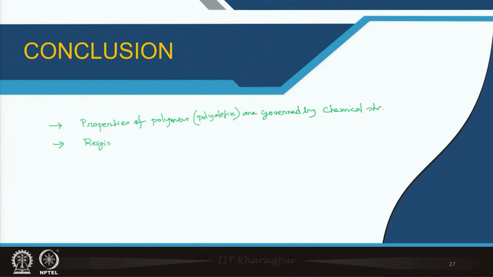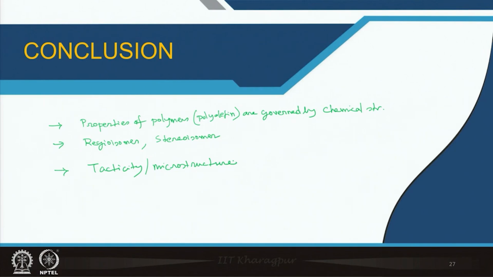So, we discussed the regioisomers, we discussed the stereoisomers or stereoregularity, and we discussed the tacticity, that is basically coming from the stereoregularity or stereoisomers of the polymers, where the monomer is prochiral in nature, and we tried to understand the microstructure present or possible in the polyolefin type of polymers.